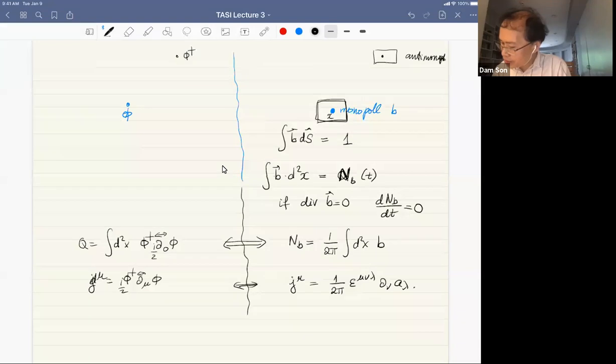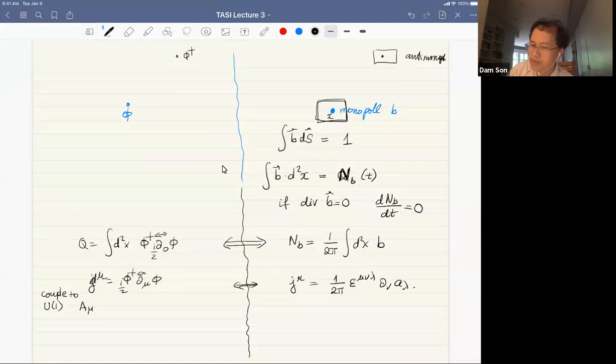That means that if we now couple the theory to a background U1 gauge field, say A mu, on this side we have D mu minus A mu on phi, squared, plus dot dot dot, the mass term and phi 4 term. On the other side, the coupling to the field psi will be very different.